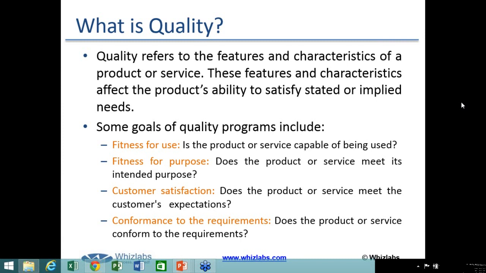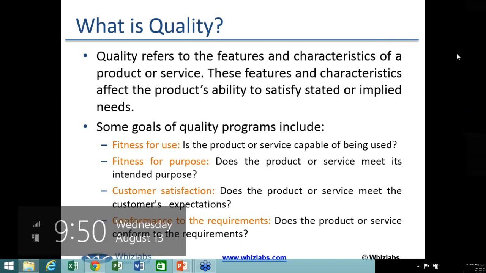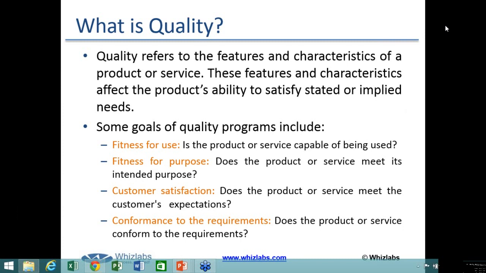Then we have customer satisfaction: does the product or service meet the customer expectations? Then we have conformance to the requirement: does the product or service conform to the requirement? So these are some of the goals when we talk about quality.